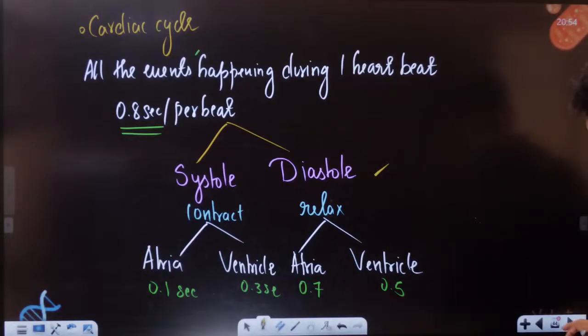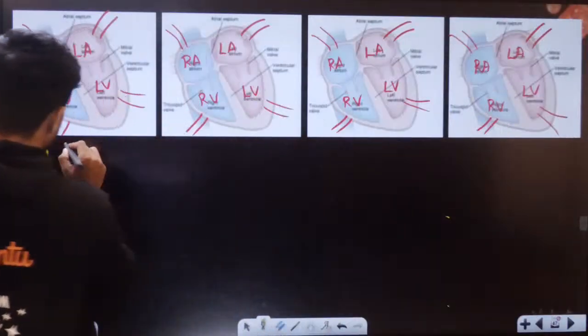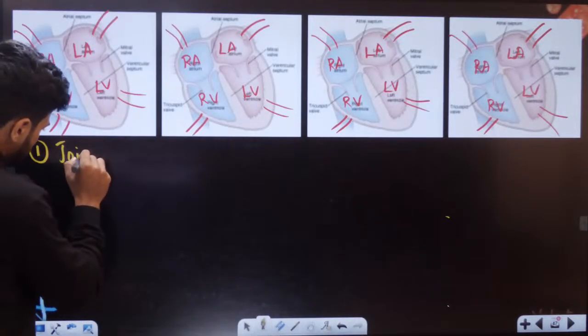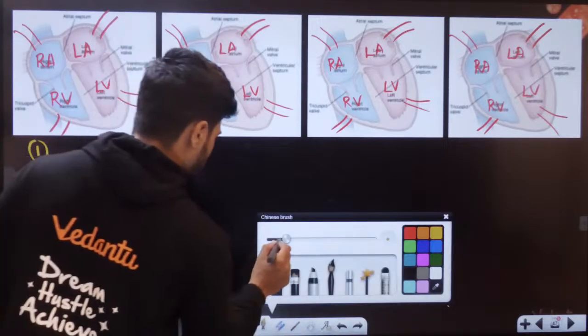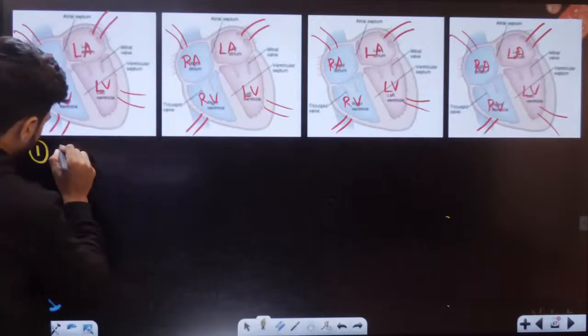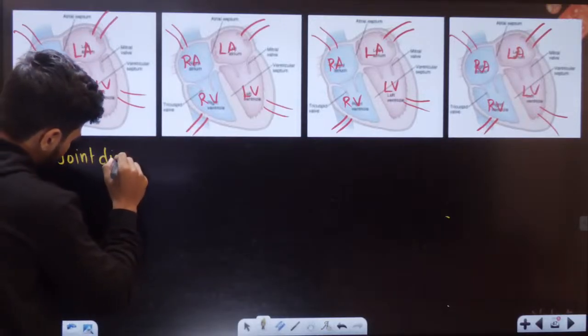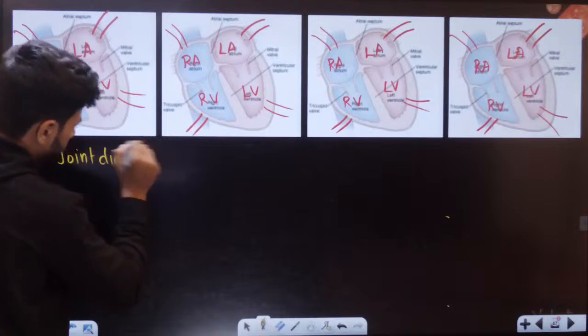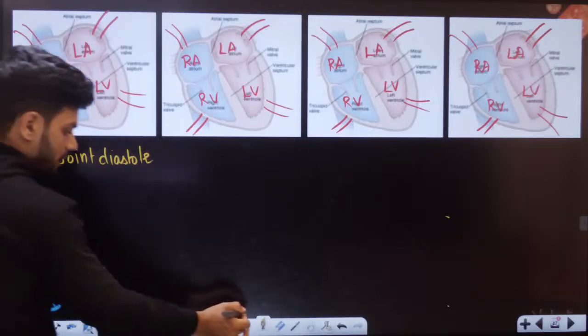Okay. So joint diastole. It is called as what? Joint diastole. In joint diastole, what happens?